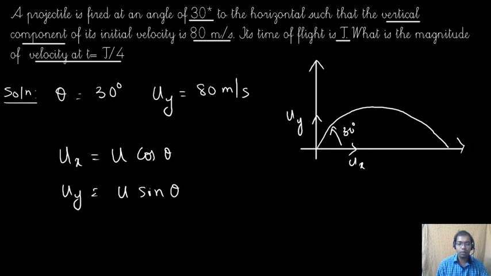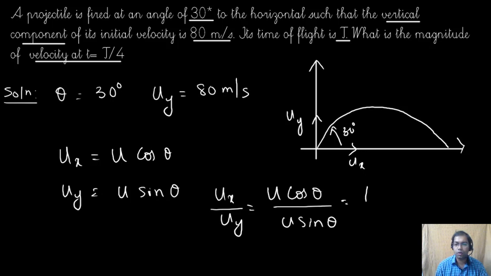So we will take the ratio of ux by uy, which will be u cos theta by u sine theta, which is going to be equal to 1 by tan theta, or we can write it as cot theta.